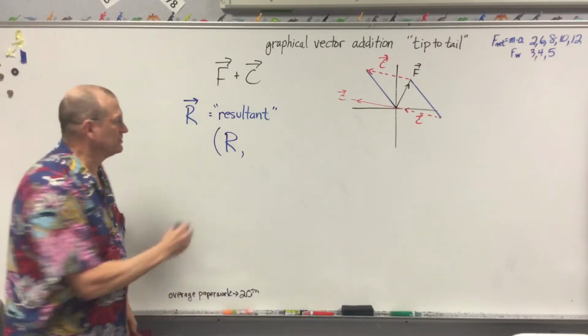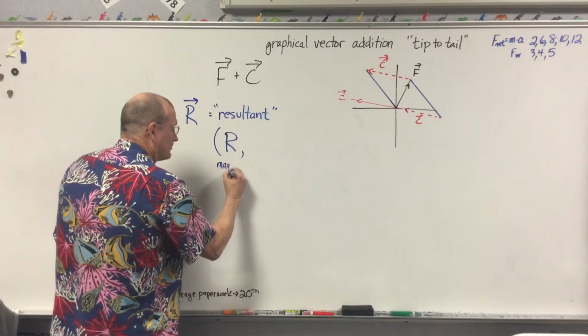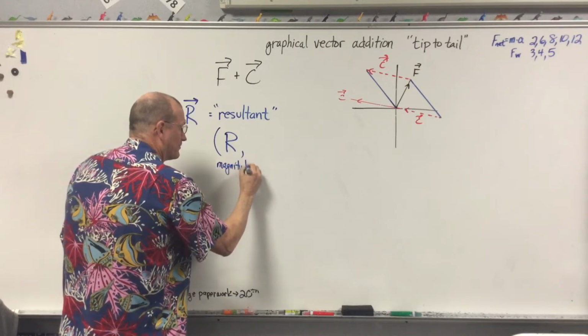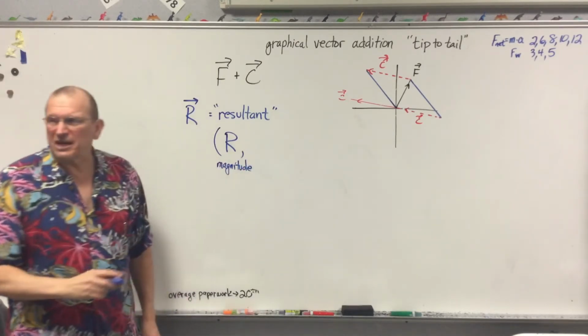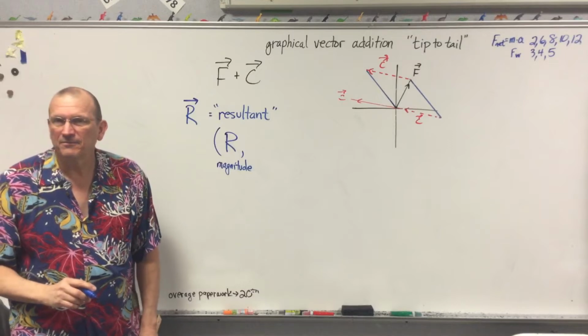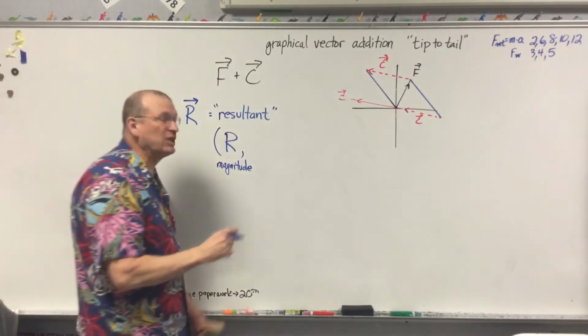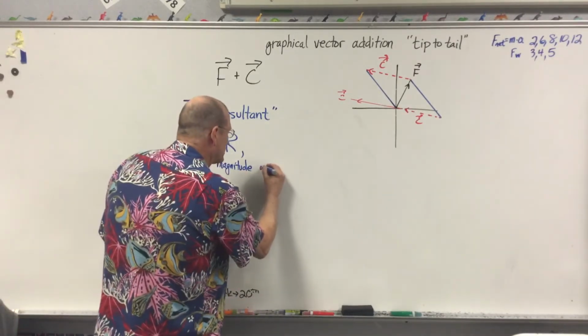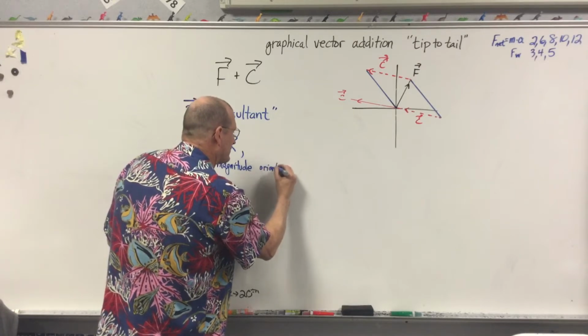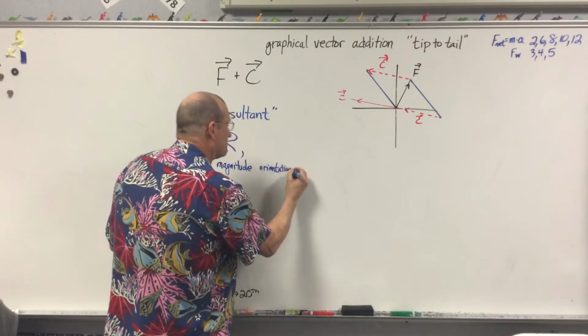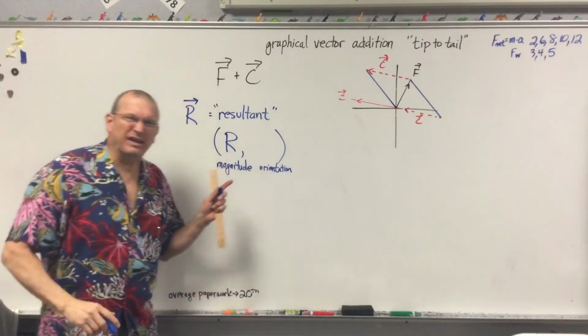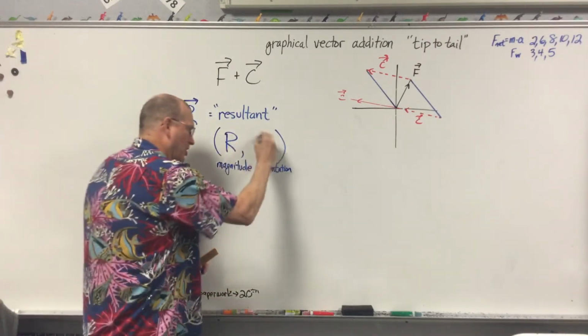The magnitude. What was the other thing we needed? The orientation, which was covered by, make sure I spell it right first, our symbol of theta.